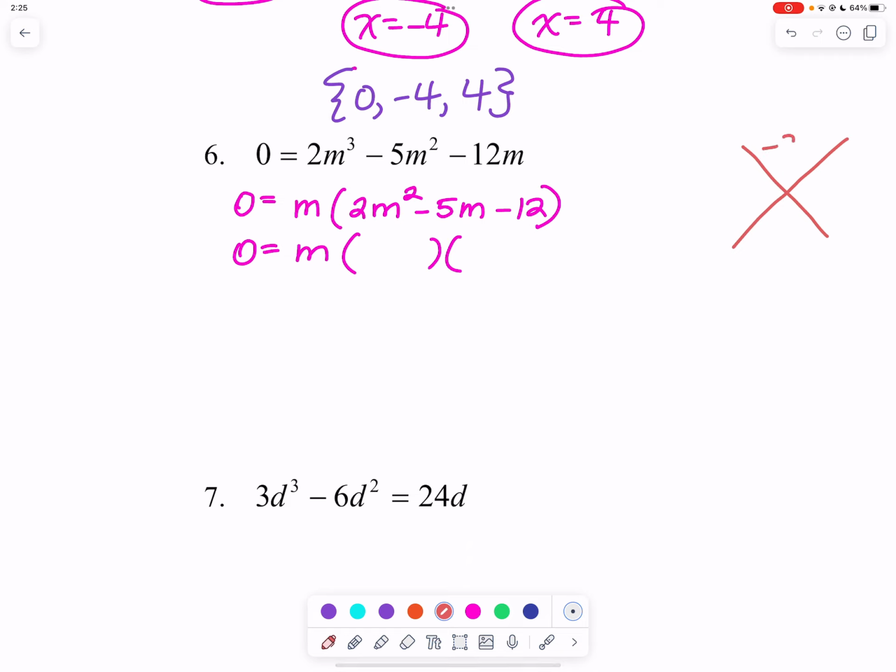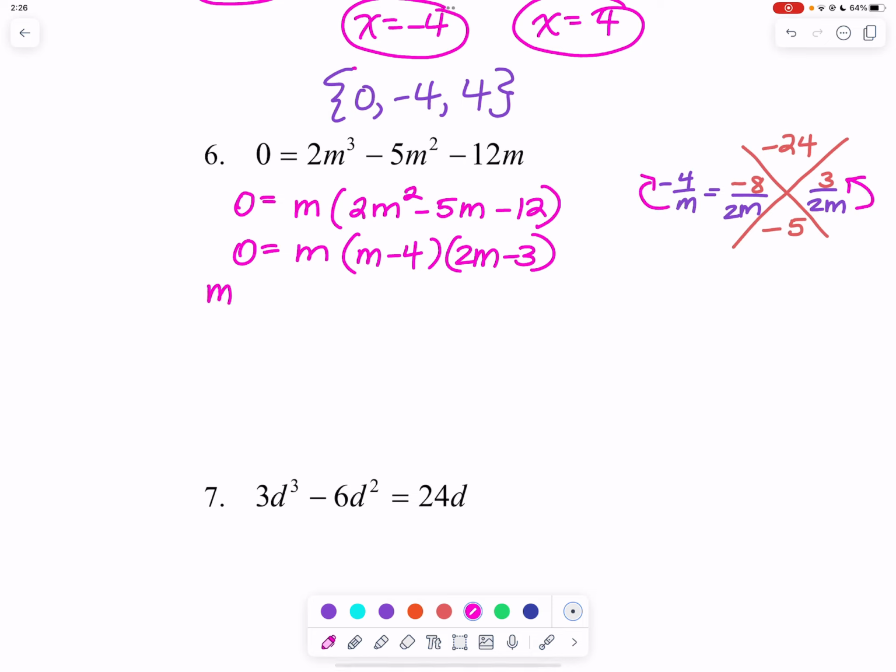So two numbers multiplied together that equal negative 24, and they add together to equal negative 5. If you're thinking of a negative 8 and a positive 3, that's what we have. We will divide both of these by 2m and reduce if possible. So now we have m minus 4 and 2m minus 3.